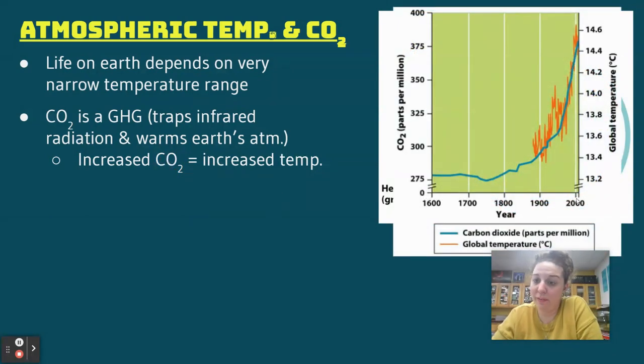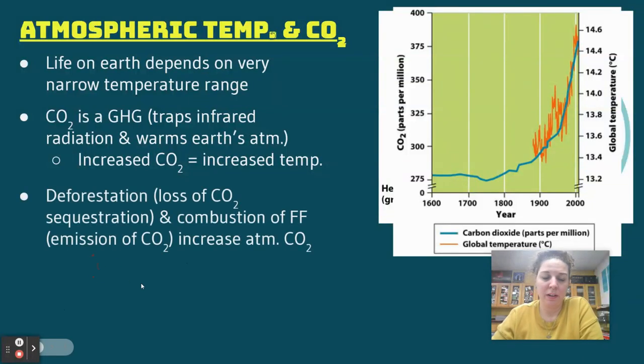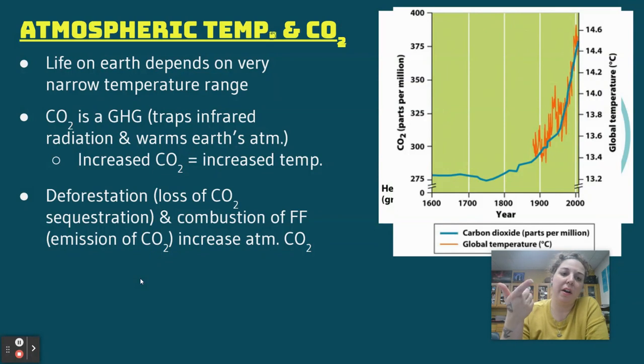There's no way around that. It's scientifically proven. If you look at this graph over time, you can see that as the parts per million of carbon dioxide increase, the temperature is also increasing. Some other things that can cause this carbon dioxide level to rise, we've talked about deforestation, so that's going to have decaying trees releasing carbon dioxide, and loss of sequestering sources for carbon dioxide.